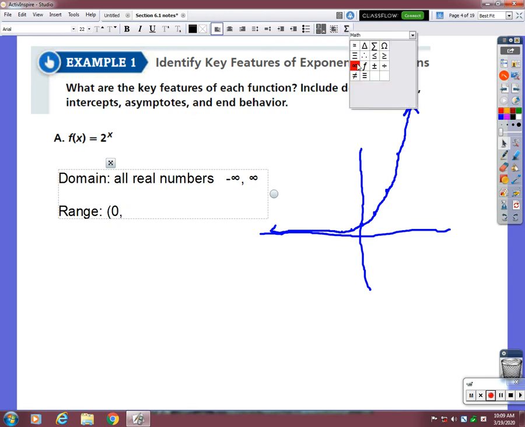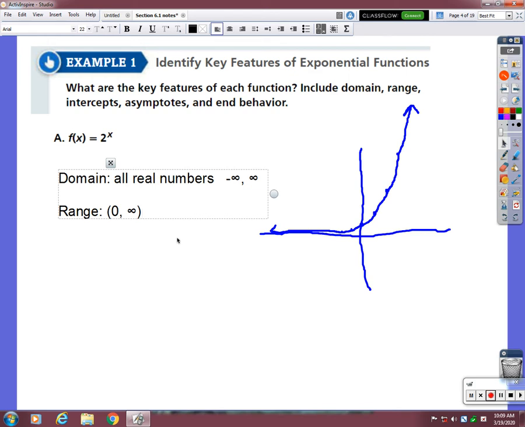And we've talked about the open brackets versus the closed brackets before. In this case, it's important because I can never actually get an answer of 0 when I plug numbers into this exponential function. Even if I go 2 to the negative million, it's still going to be 1 over 2 to the million, which will be a super, super small number, but it's not ever going to be 0.